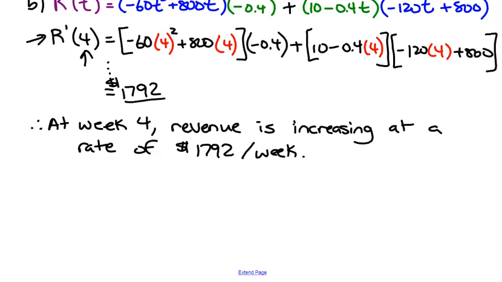That's what the rate means. So it should be a per week kind of thing.